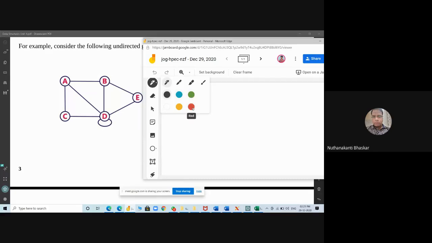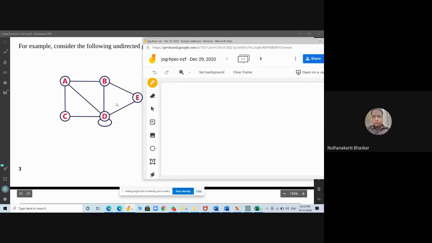Now, tell me, what is the size of the matrix I have to represent for this graph? How many vertices are there here? 5.